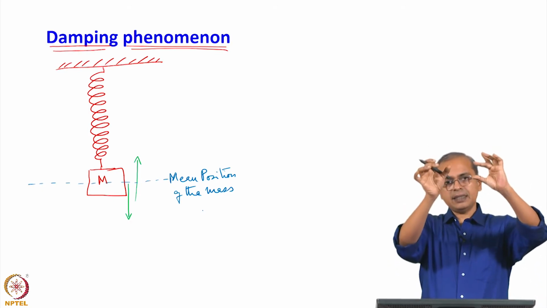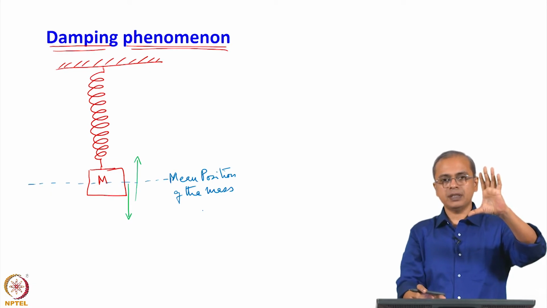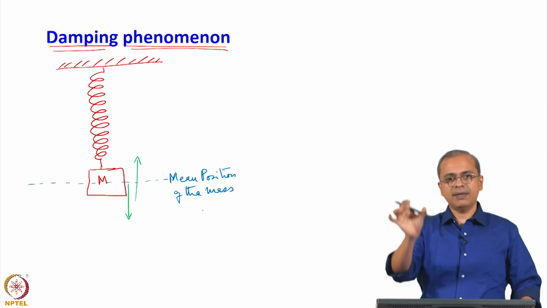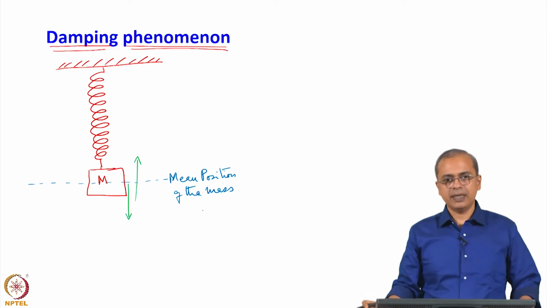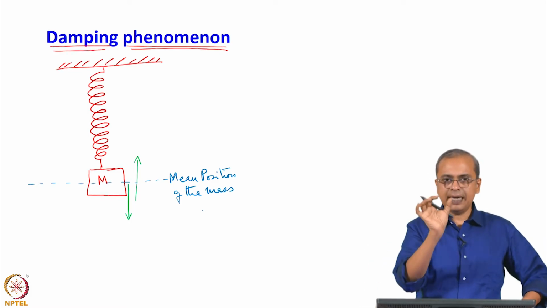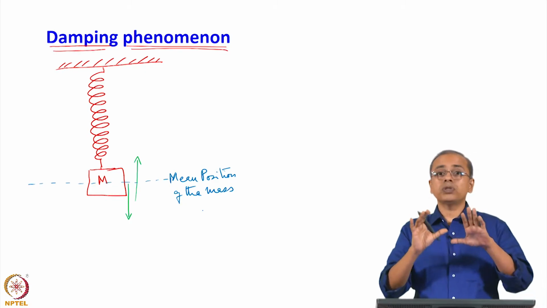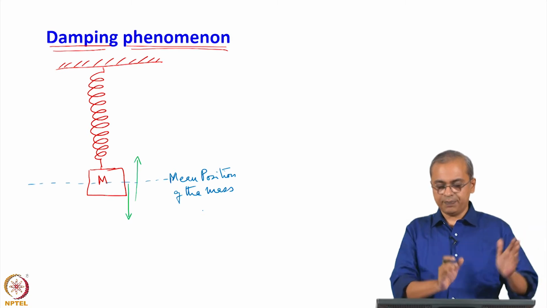Then again it reaches a point where it comes to a halt, expands again, overshoots the mean position, and comes back. So it continues to overshoot in each direction several times, and this continues for some time, and then slowly the amplitude decreases. Eventually it all dies down, and again it comes to a halt at the mean position. Okay, so this is our most commonplace experience with this kind of experimental setup.